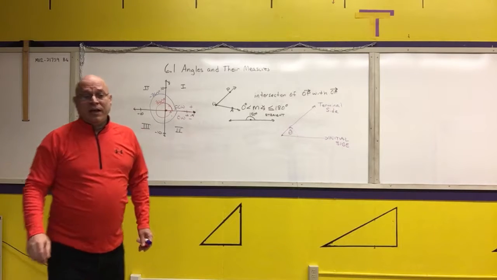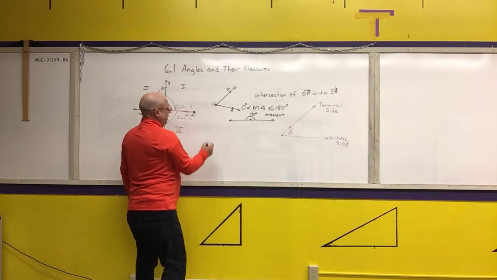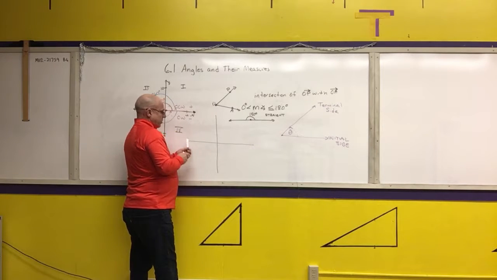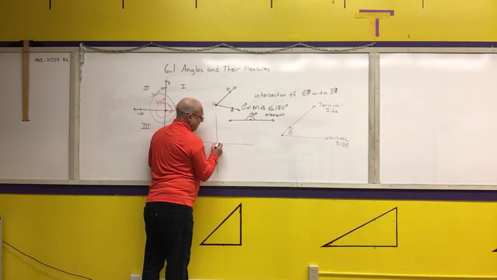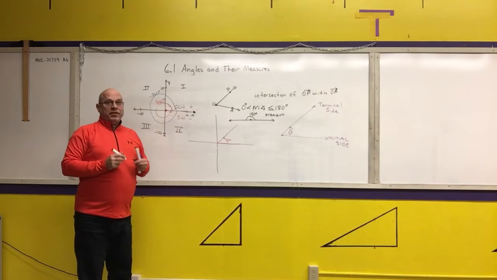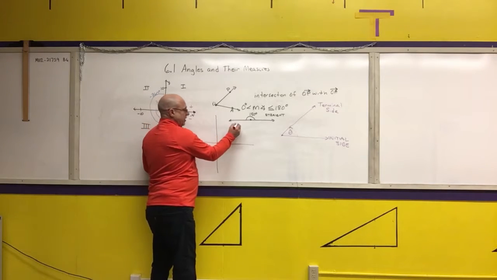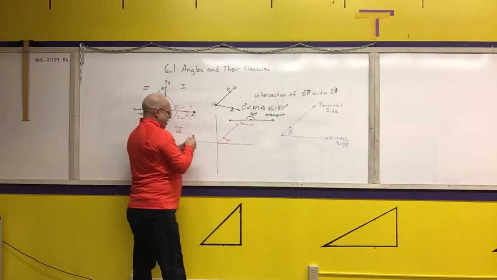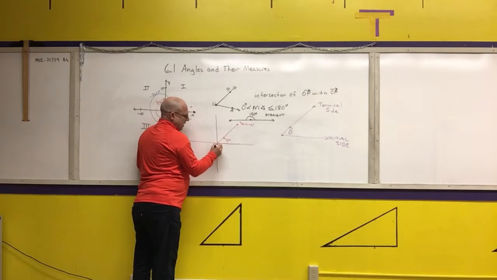There are an infinite number of angles that can have the same terminal side. So if I draw an angle in standard position, and I'm just going to draw a 45-degree angle, that's one angle that has this as its terminal side. I'm going to put terminal up here. I have another one that's negative 315 degrees, which is negative 360 plus 45.